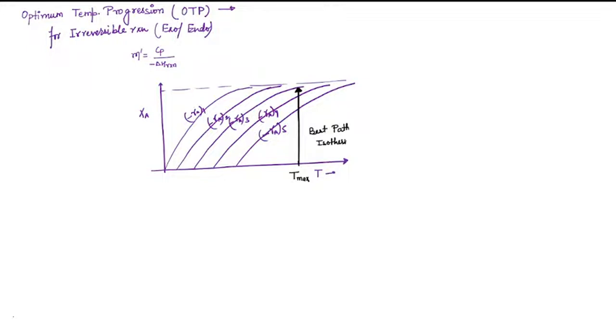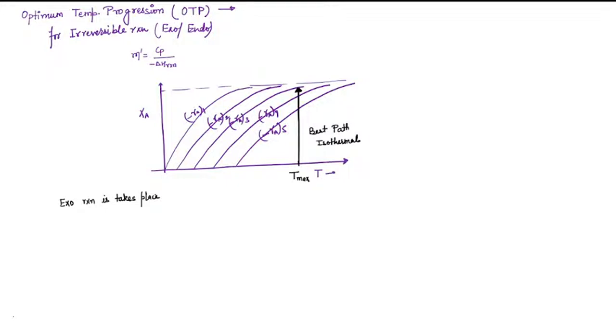My question is, let's say an irreversible exothermic reaction is taking place, then what do you have to do? Exothermic means, let's say in the starting you make the temperature 500 Kelvin or 600 Kelvin, and the exothermic reaction is taking place.